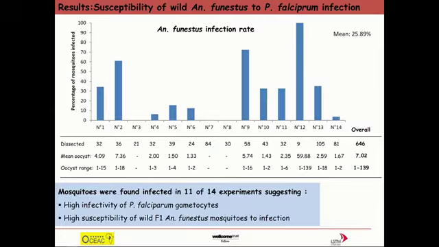Also the oocyst load was high, with a mean of 7 oocysts per midgut. So this shows high infectivity of our gametocytes and high susceptibility of the wild F1 Anopheles funestus mosquito to Plasmodium falciparum infection.